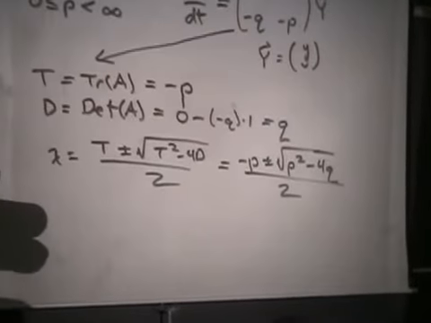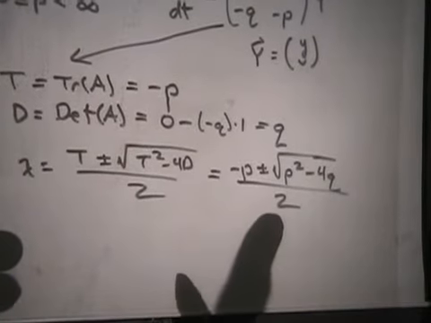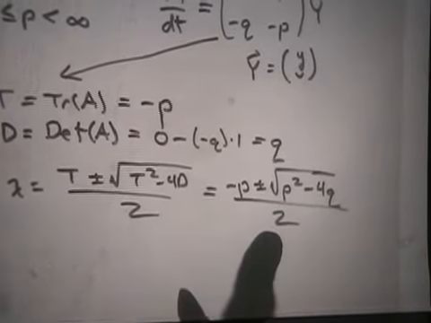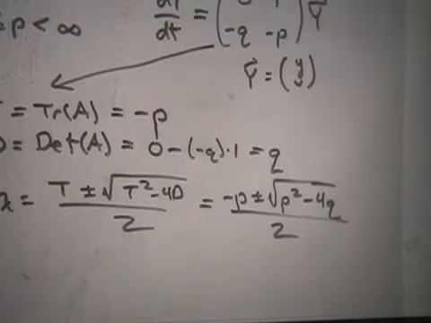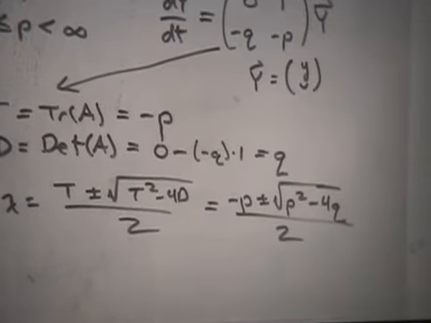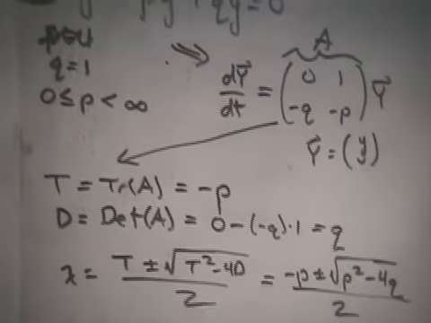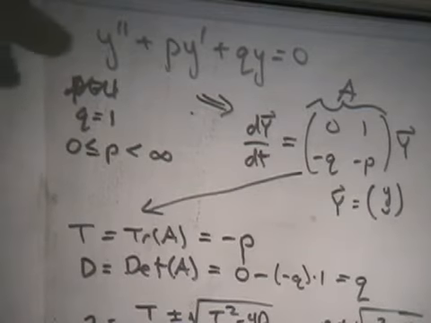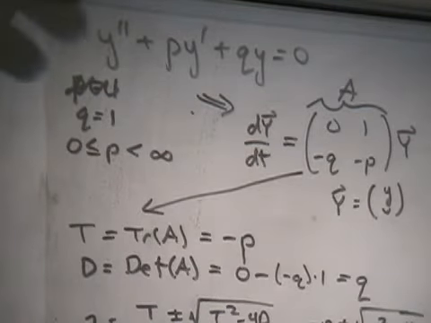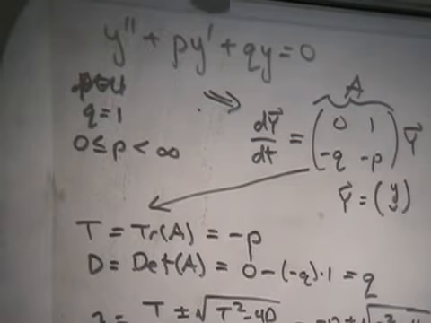And if you look at this, this is what you would have gotten if you applied the quadratic formula essentially to the original second order equation at the top. Although technically you'd be applying it to the auxiliary equation where you replace the primes with powers of an unknown s, or lambda, whatever you want to call it. You would get s squared plus p times s plus q. s to the 0 is like the y.